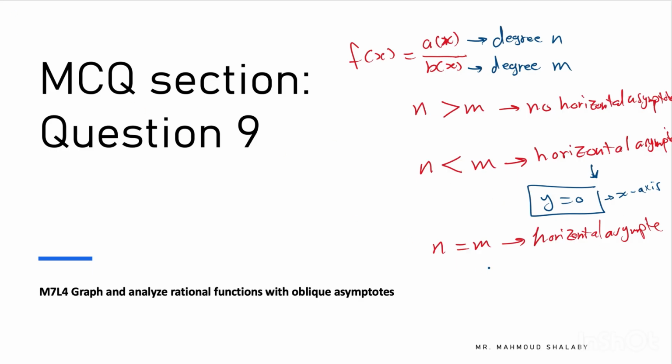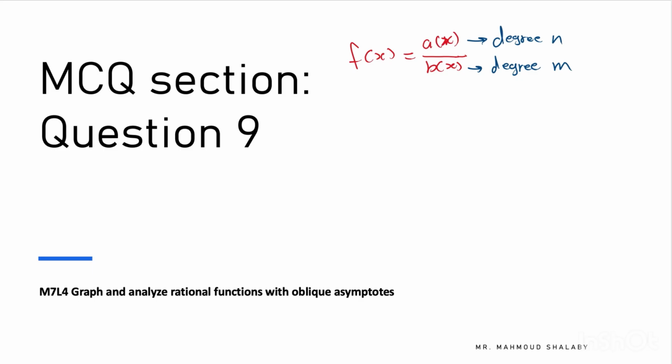It will be something else. As long as they have the same degree, it will be y equals the leading coefficient of the numerator over the leading coefficient of the denominator. That's the third case.